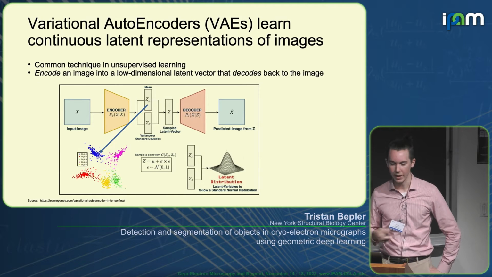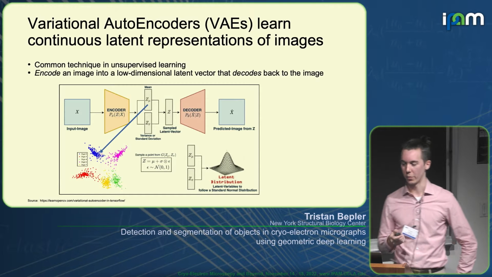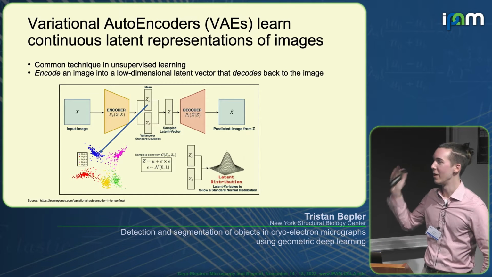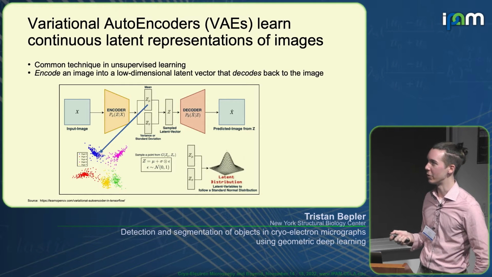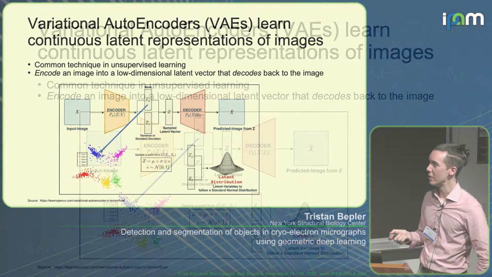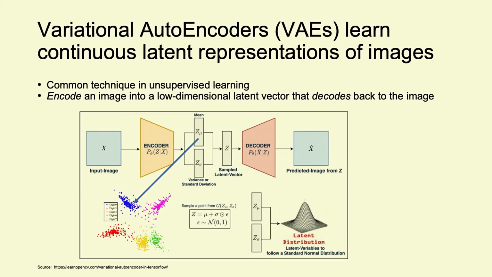So what we're going to look at here is a variational autoencoder framework for doing this. You've already heard lots about variational autoencoders and CryoDRGN and other methods, so I'm not going to go into great detail, but this is a very common technique. Fundamentally, we take some input image.